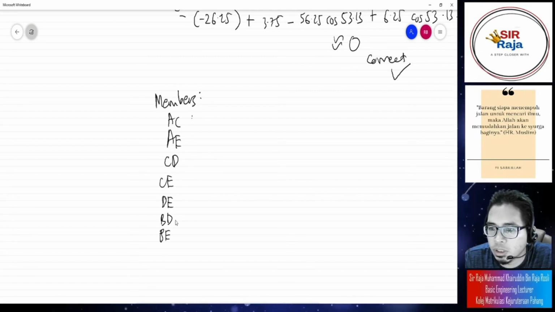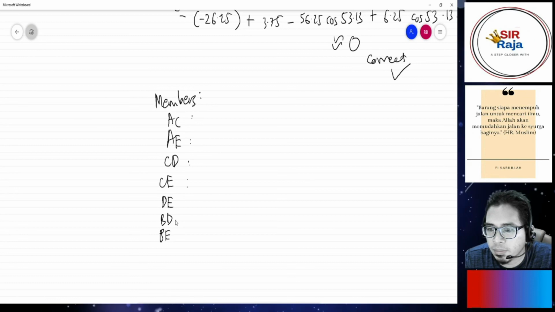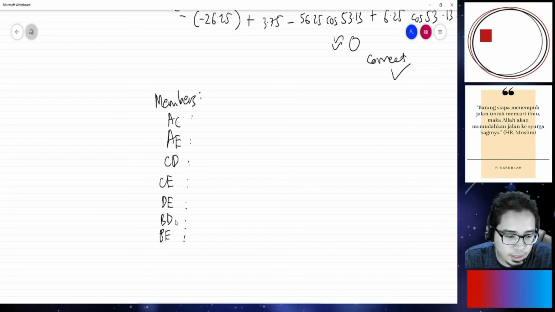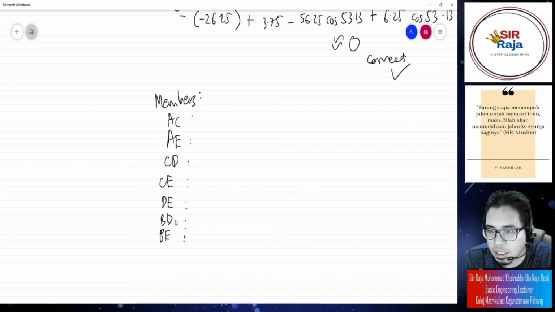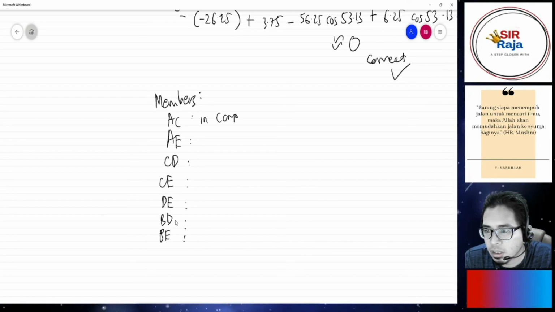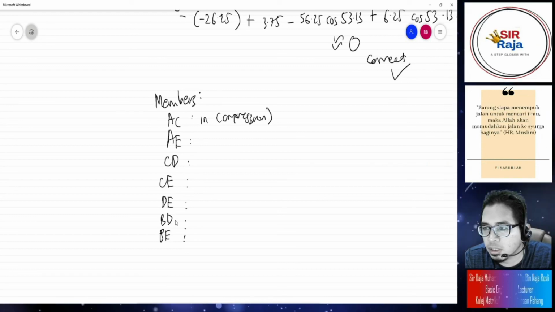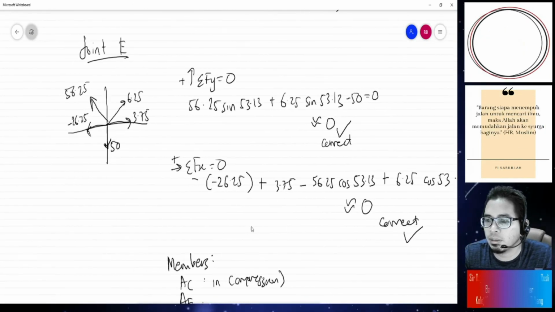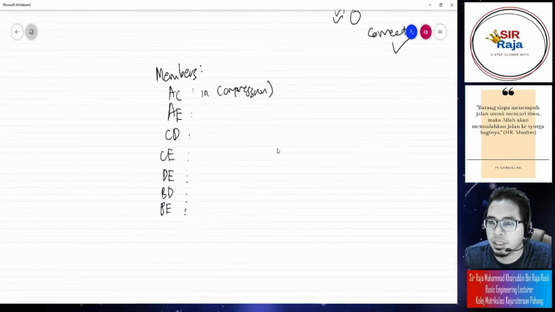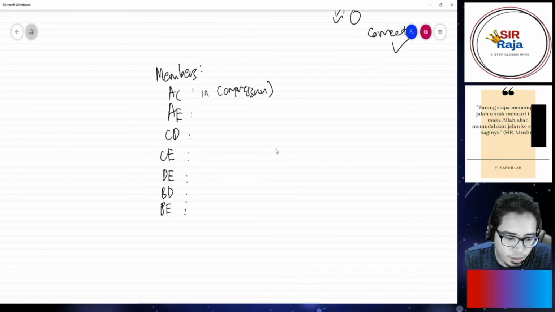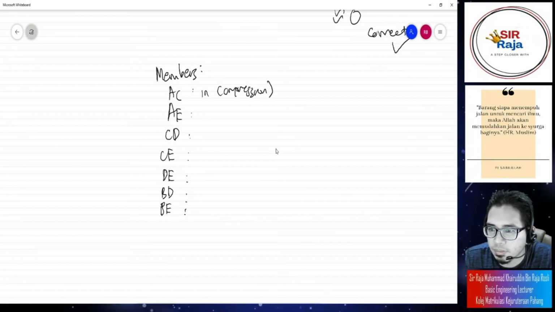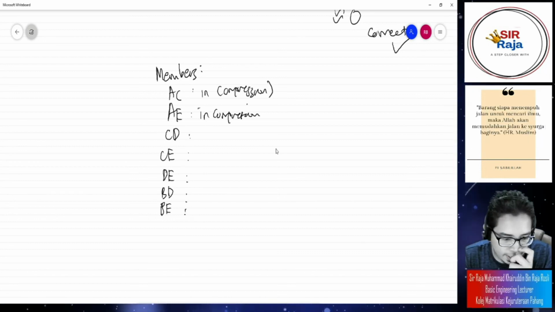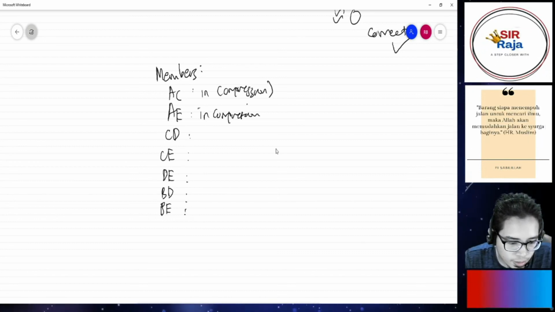So here you want to mention the members like this. So AC is in what? AC is in compression. Basically you just look at your calculation and put down a summary. AE is also in compression. CD is also in compression.